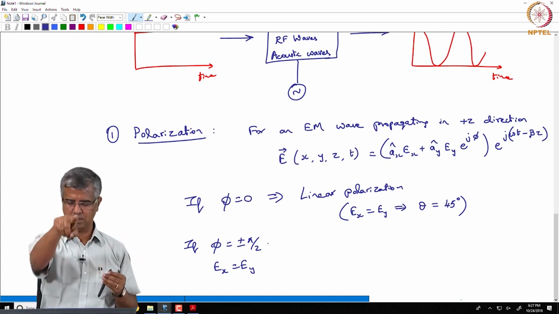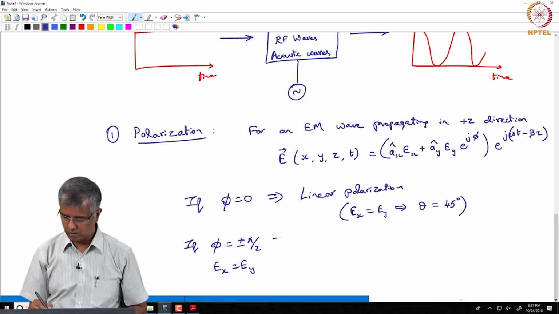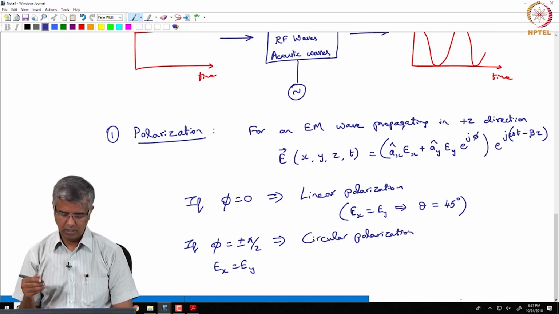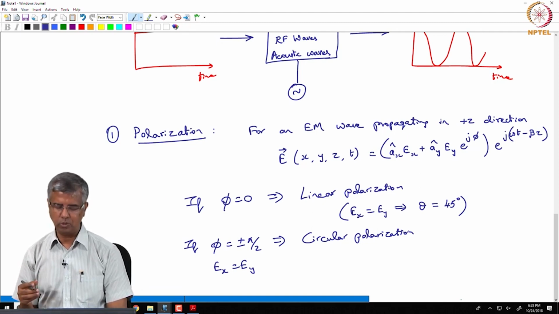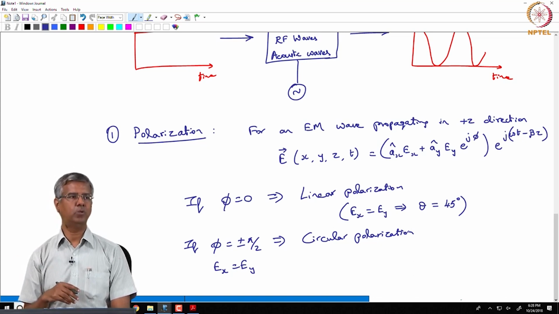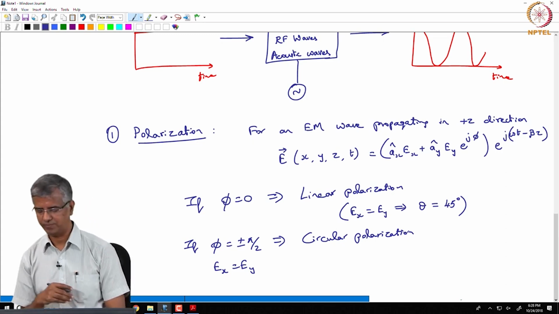So, this you would call as circular polarization, and in circular polarization, if it is phi equal to plus pi by 2, you call it left circular polarization, and phi equal to minus pi by 2, you call it right circular polarization.